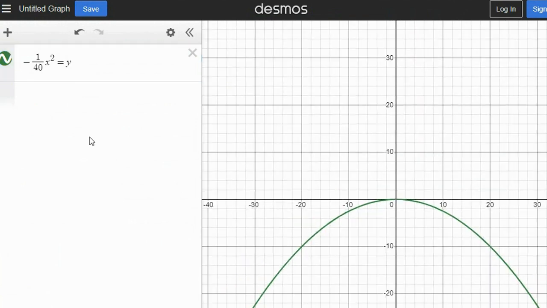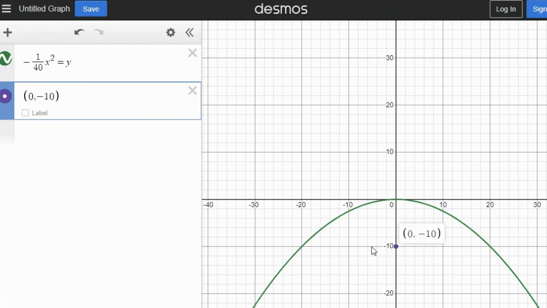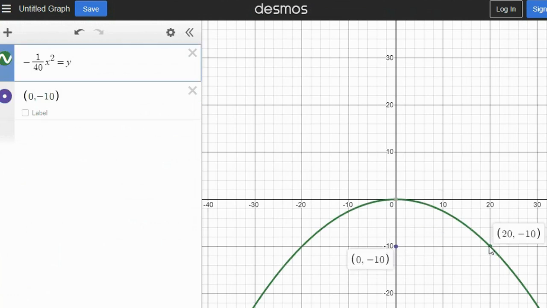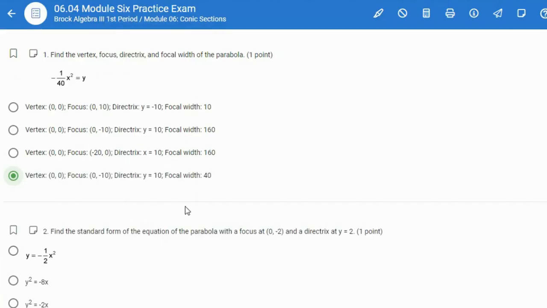At the focal point of 0, -10, how wide is it? 10, 20. It is 40 wide. See, it goes to 20 over here and -20 over here. So the focal width is 40. So that pretty much confirms I've got the right answer. Only one of them had a focal width of 40 of all the 4 choices even.